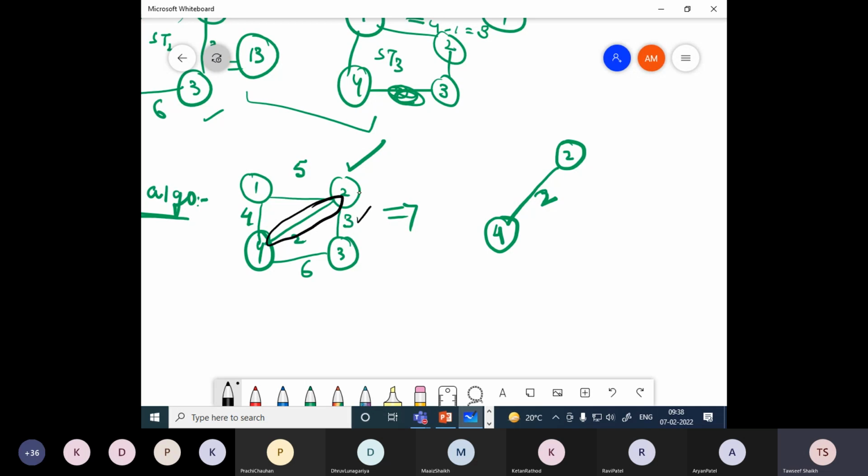But we also have to keep in mind that this new edge we are taking should be connected to the edge which we have already taken. One of the sides of this edge should be already connected. So we will take from 2 to 3, and the cost of this is equal to 3.